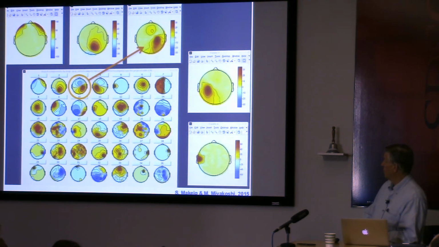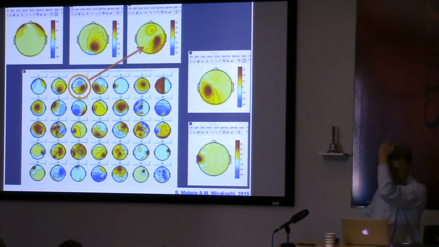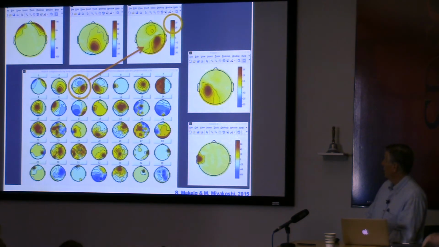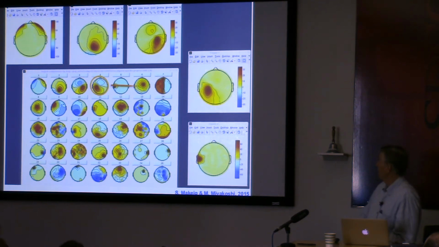Same for here. This is a tangential, probably mu component, whose equivalent dipole location is about at the hand somatomotor area on the right. Same thing. At max, it contributes to a lot of channels, but at most 30% to them. And here's another 30%er.